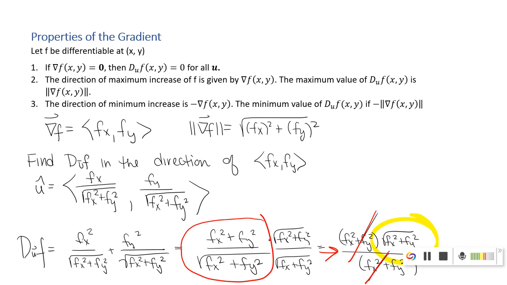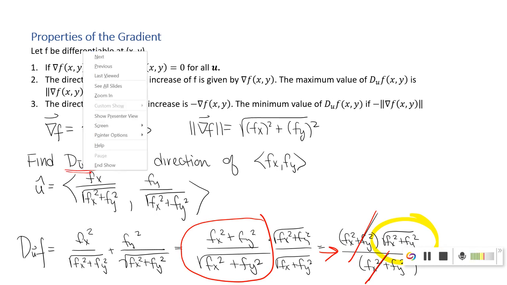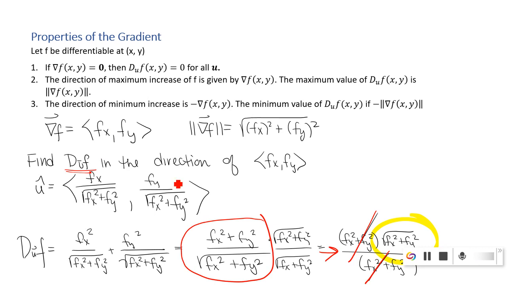And so what just happened here is the derivative in the direction of our gradient is the magnitude of that gradient. That's what I've just shown here kind of quickly with all this work.